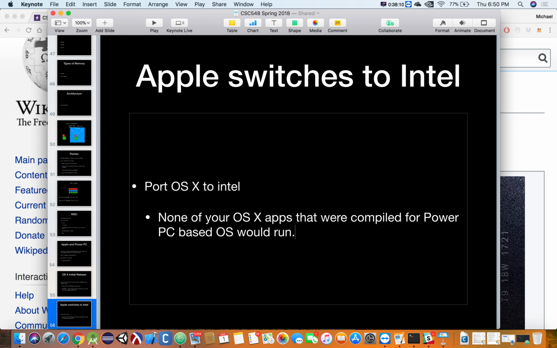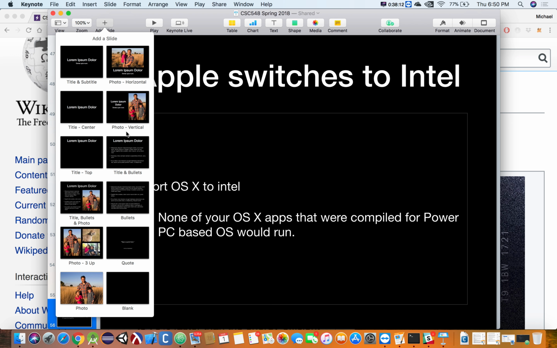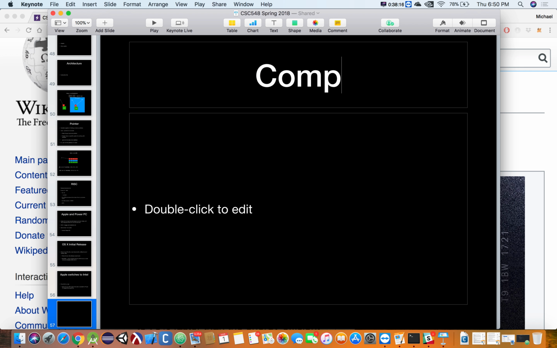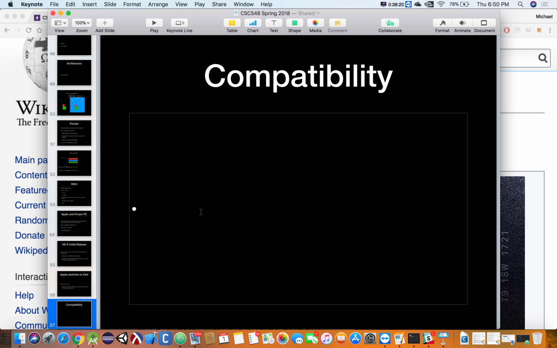So we're kind of talking about two different pieces here that are meaningful to software. We're talking about compatibility. We care about architecture, or maybe we can think of it as an instruction set. That's really what architecture ends up meaning for us from a compatibility perspective.